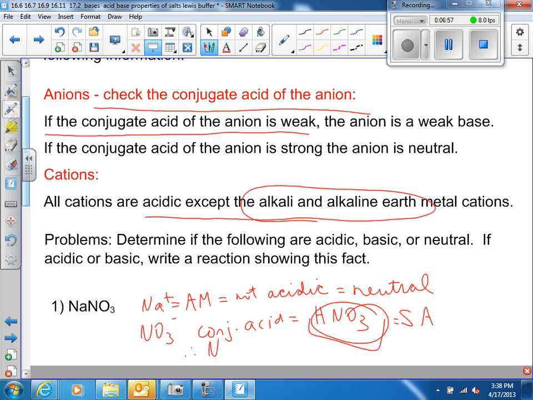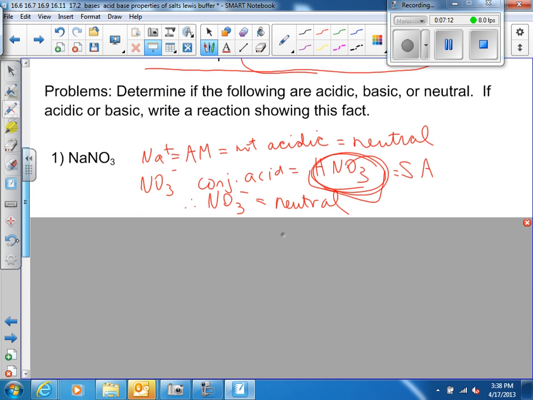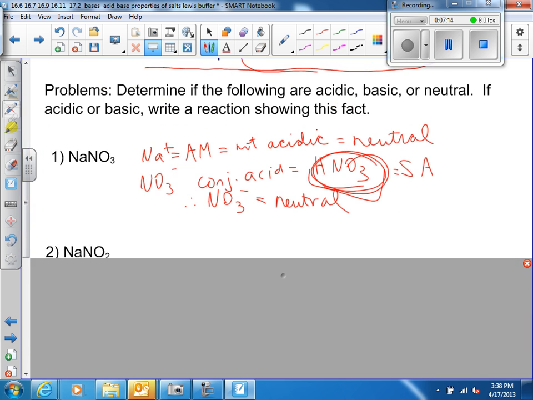Therefore, if the conjugate acid is strong, the anion is neutral. The conjugate was strong, therefore this is neutral. Therefore, sodium nitrate is neutral. Not acidic or basic.